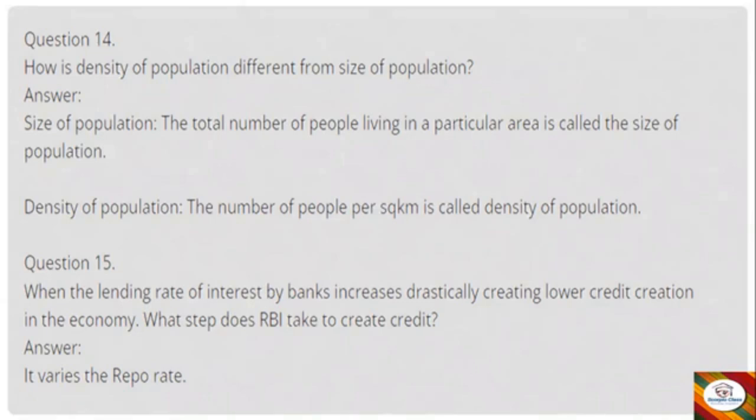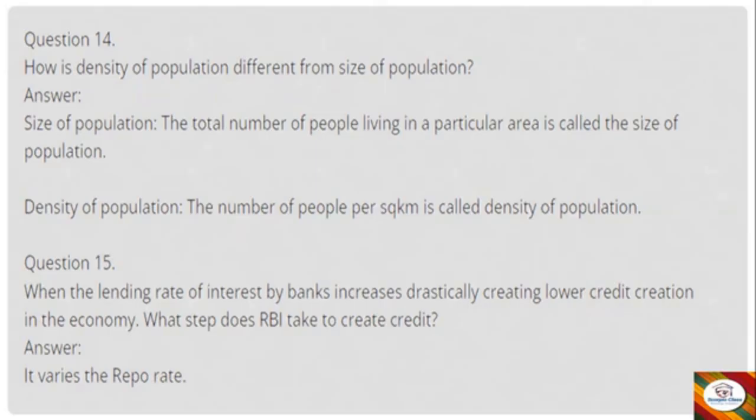Size of population is the total number of people living in a particular area. Density of population is the number of people per square kilometer. Okay, so that's the difference between size of population and density of population. Next, question 15.